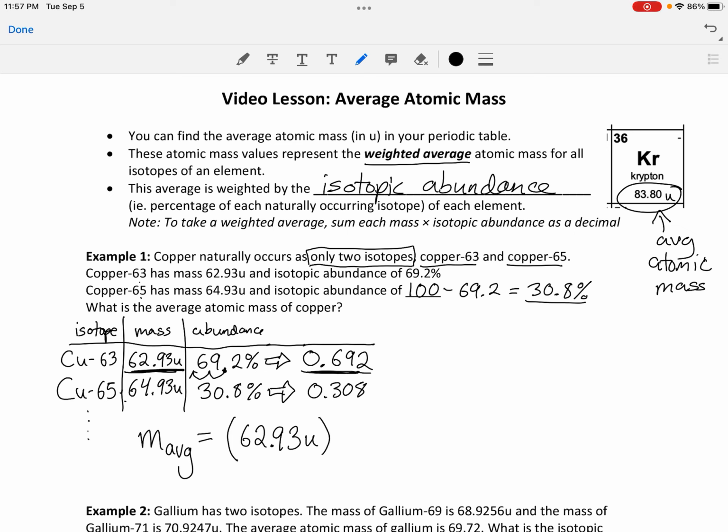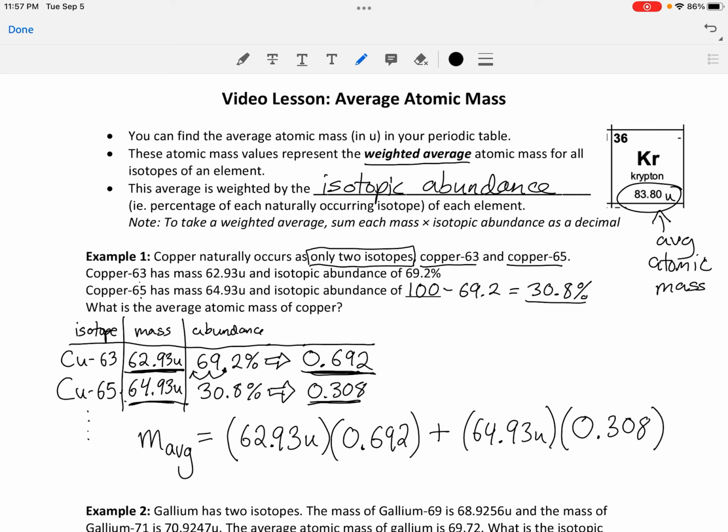And then I'm going to grab that first abundance, the abundance of copper 63 as a decimal, 0.692. And then I add the next one. The next one is copper 65, and it has a mass of 64.93 atomic mass units. And we multiply the mass by the abundance as a decimal, which is 0.308.